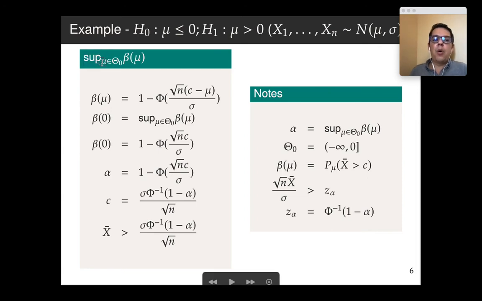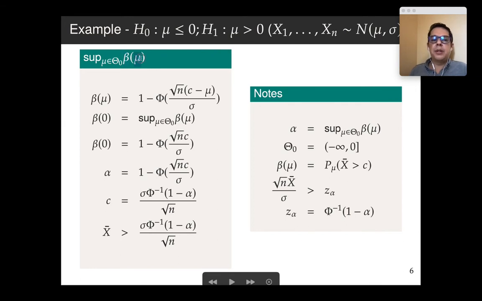I go through all the values in theta 0 that correspond to H0. These are all the numbers that go from minus infinity to 0, and I test all these values on beta, the power function.